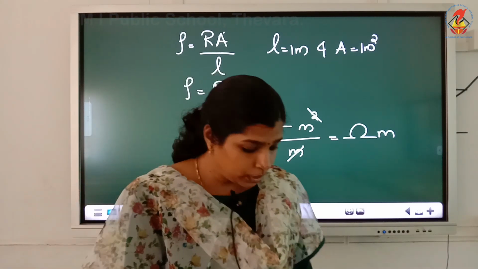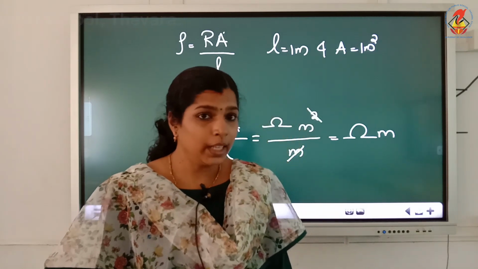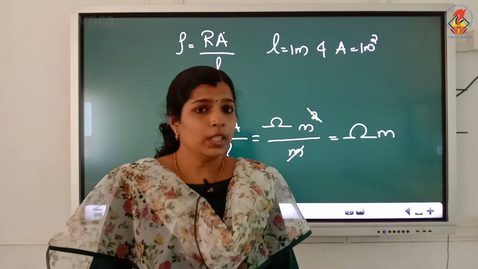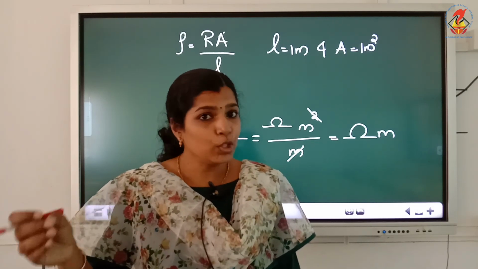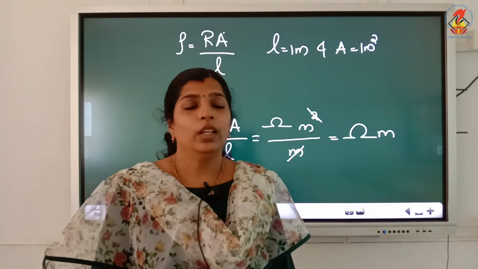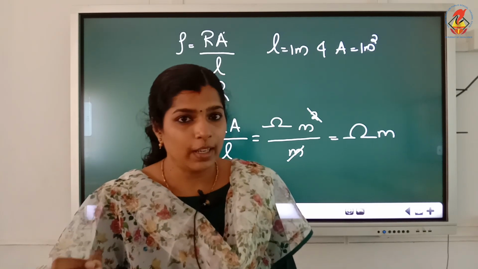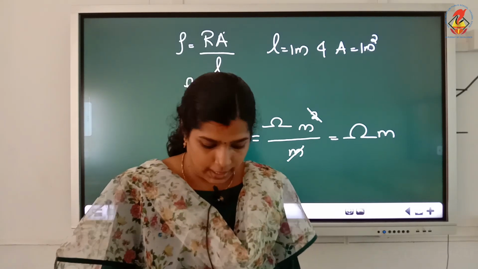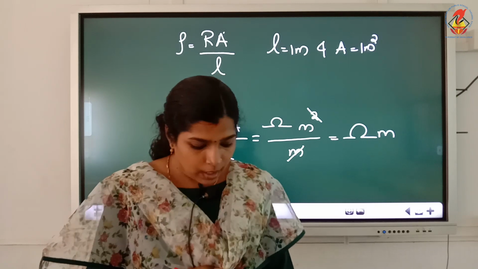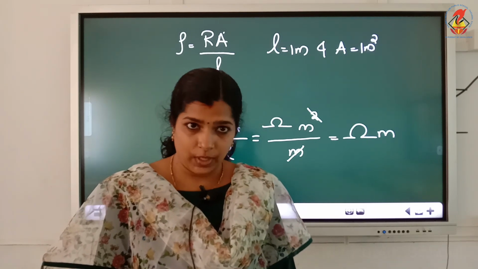Most metals are good conductors of electricity. For example, copper and aluminium, because they are usually employed in electrical transmission lines. The first reason is that they are good conductors of electricity, meaning they have low resistance or low resistivity.